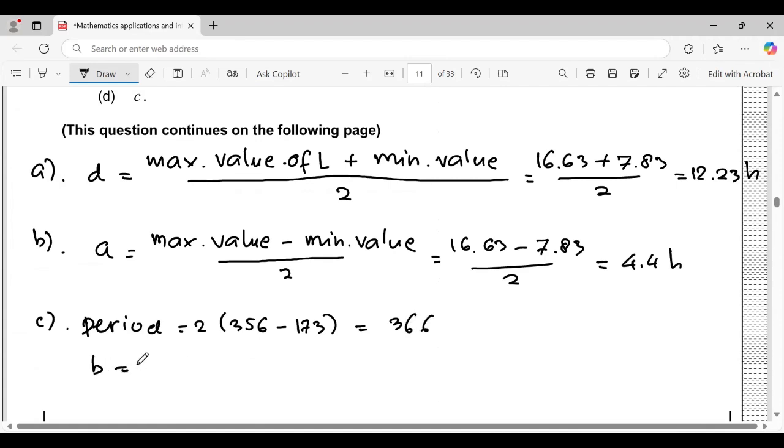So we can determine B equal to pi divided by 183, since 2 pi is one period. This one.